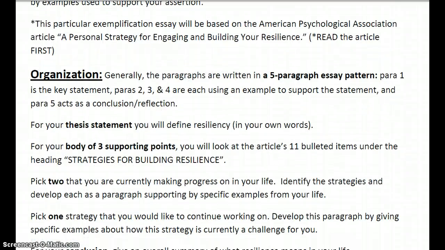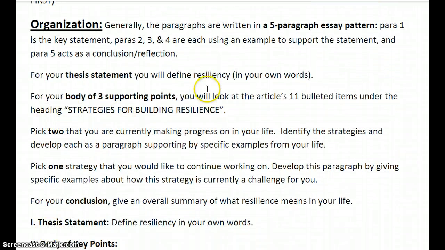Let's look at organization. The general pattern for an exemplification essay is a 5-paragraph essay pattern. Paragraph 1 is the key statement. Paragraphs 2, 3, and 4 are supporting key detail statements, and paragraph 5 acts as a conclusion or a reflection.